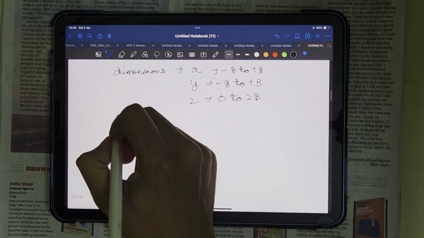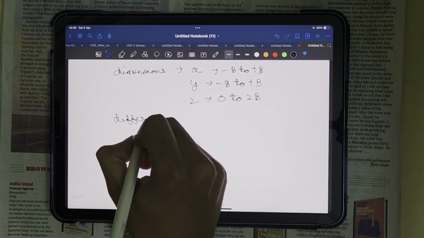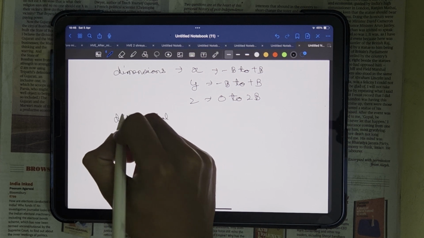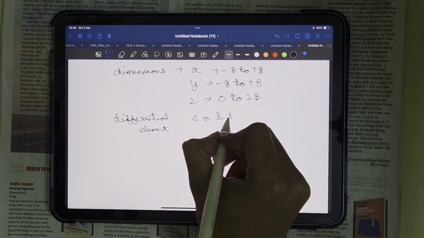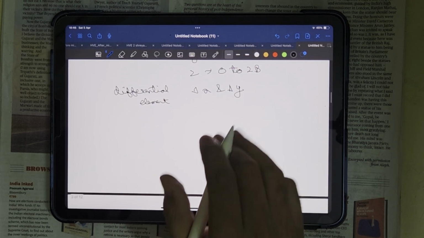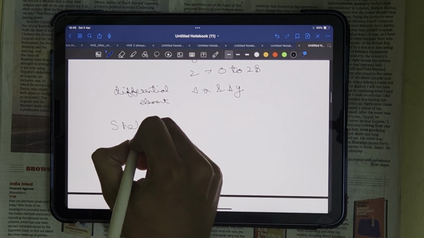Now we will take differential elements, delta x and delta y. Now we will apply shell momentum balance.